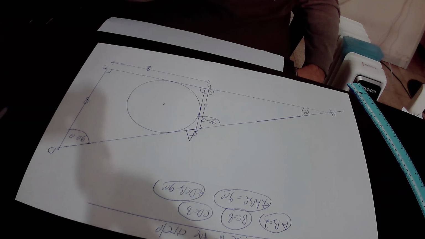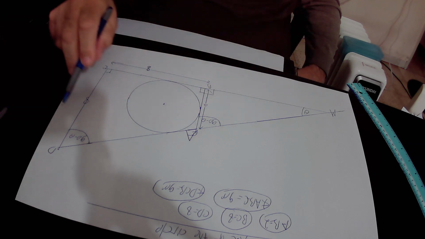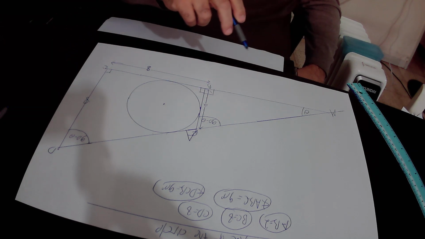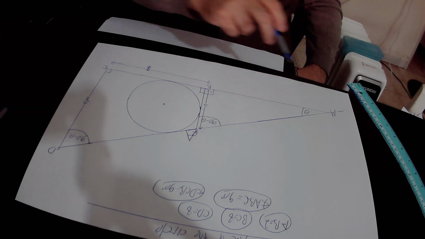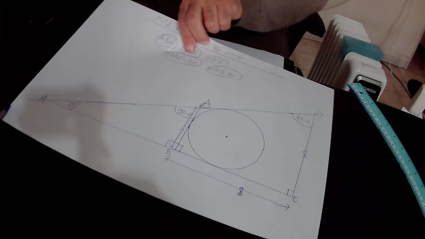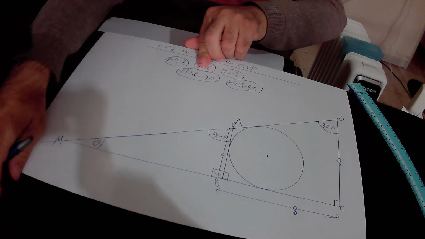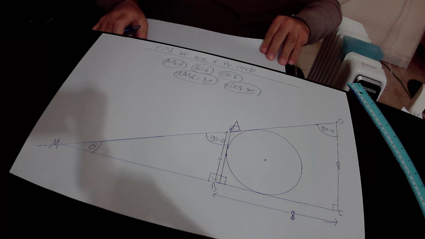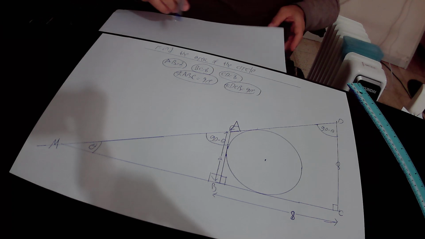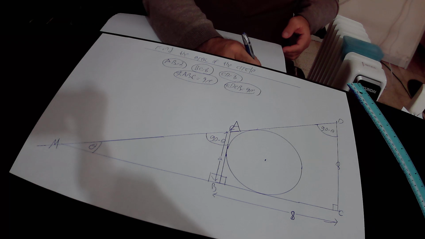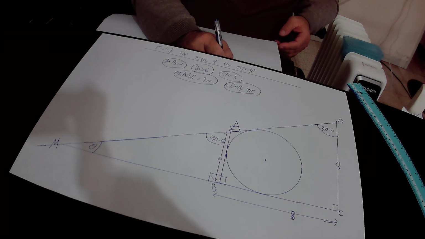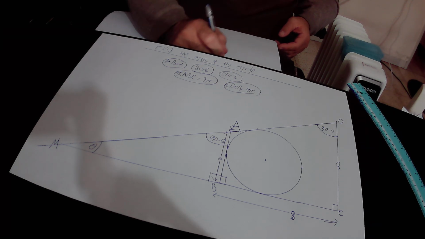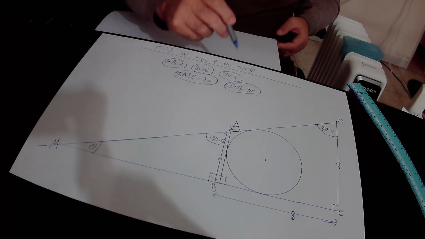In the next step, we will prove that the big right triangle MDC is similar to the small right triangle AMB.